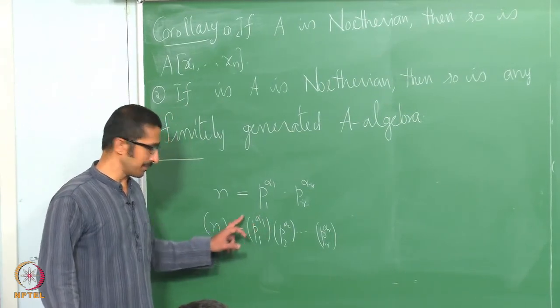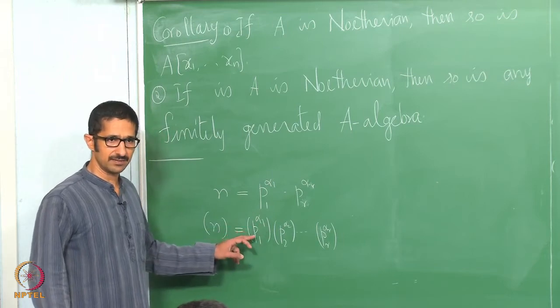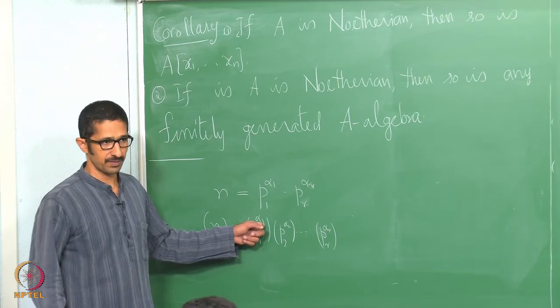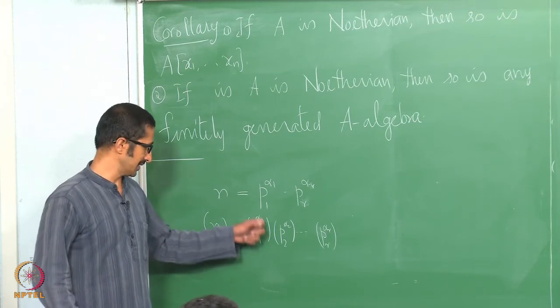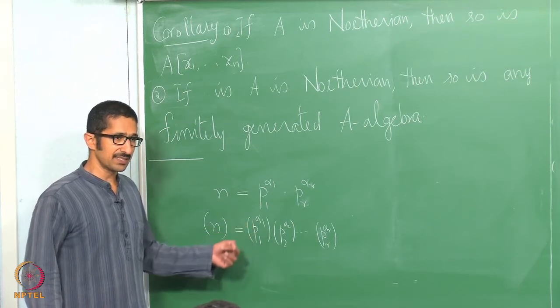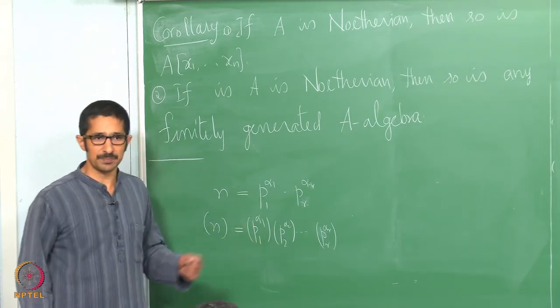These are not prime ideals, right. If alpha 1 is bigger than or equal to 2, this ideal will not be a prime ideal, but its radical is a prime ideal.